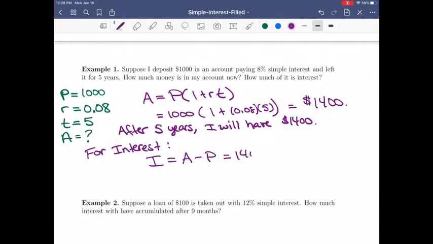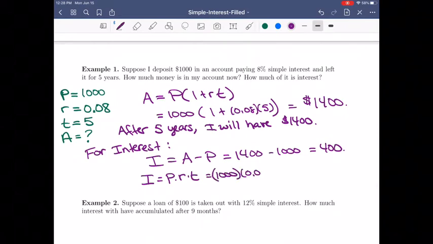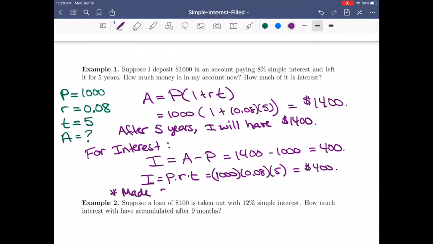That's 1,400 minus 1,000, or 400. Or you could use the formula. I is P times R times T, so that's 1,000 times 0.08 times 5. And if you compute that, you should also get $400. So we made $400 in interest.